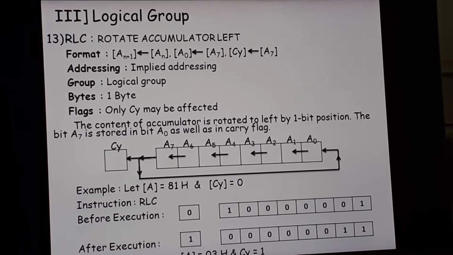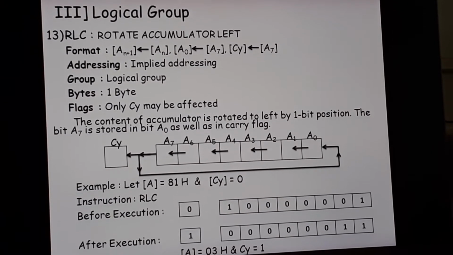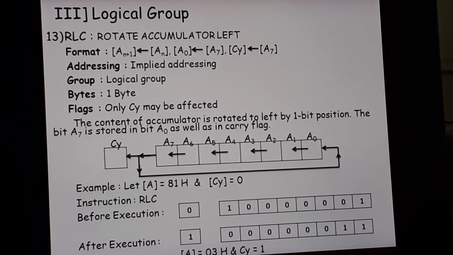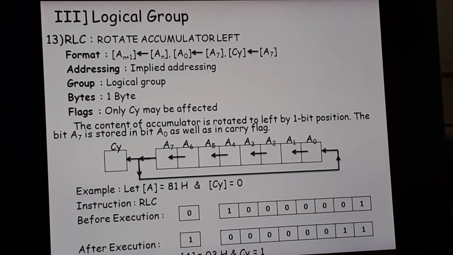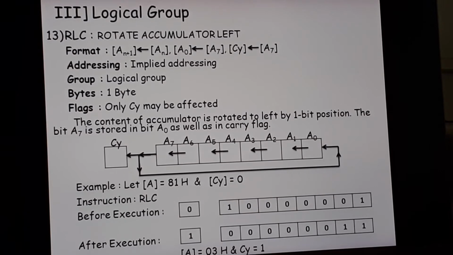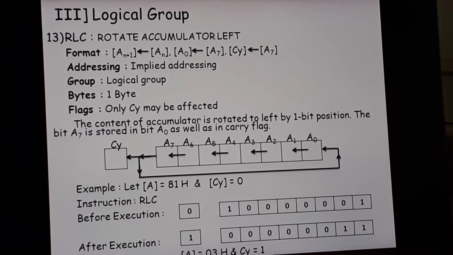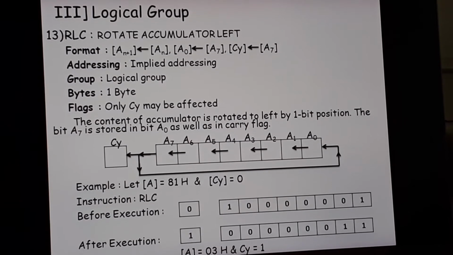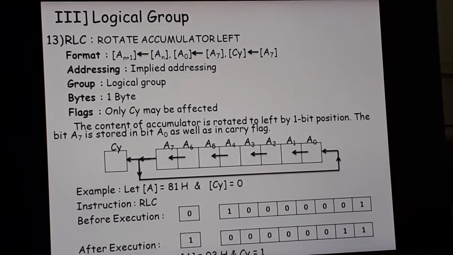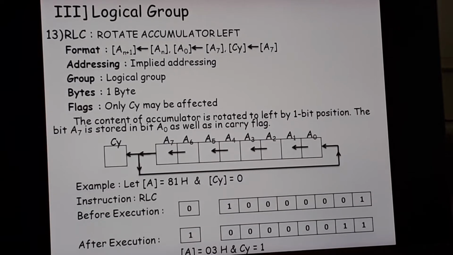See, I have shown here. Let us see the format first. Starting from the left side, the A7 bit will be shifted to the carry flag, and the A7 bit will also be shifted to the A0 bit. Then the bit AN will be shifted to AN plus 1.